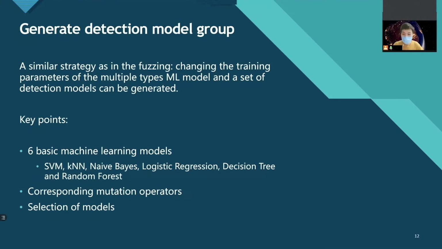The first main method is mutation model generation. We take a similar strategy as in fuzzing to generate a detection model group. In other words, the training parameters of some normal machine learning models can be adjusted to generate similar mutation models. It contains 3 key points.